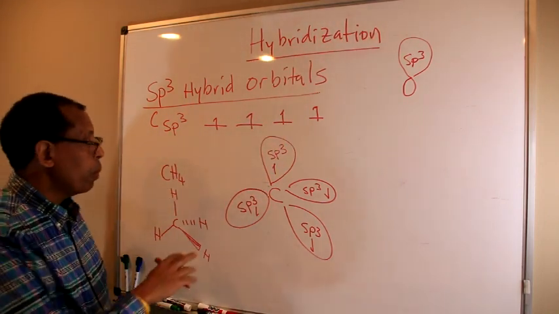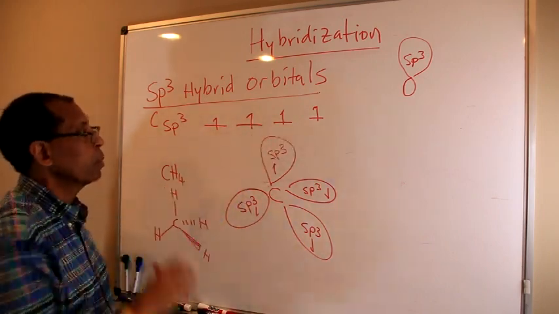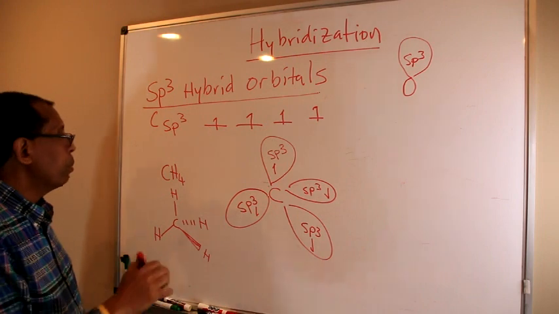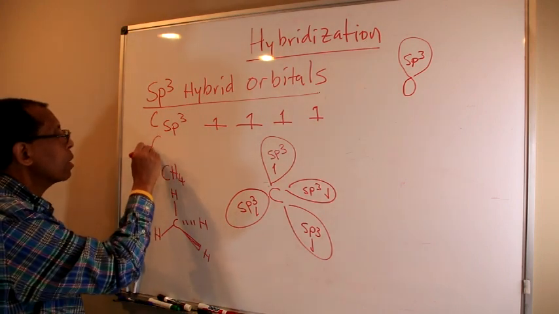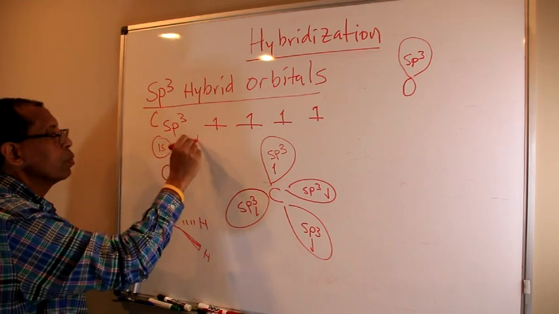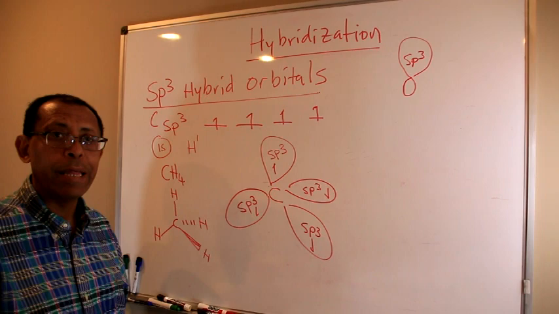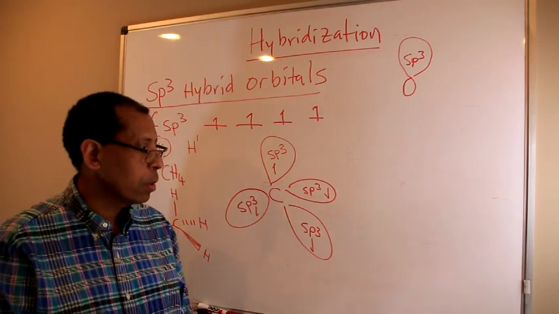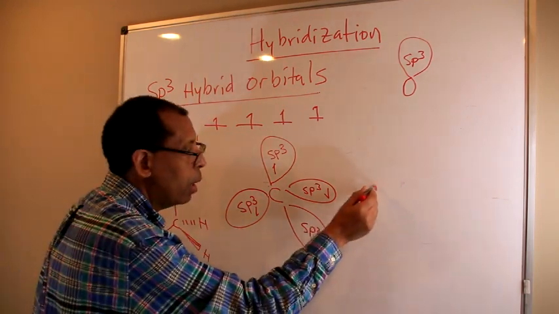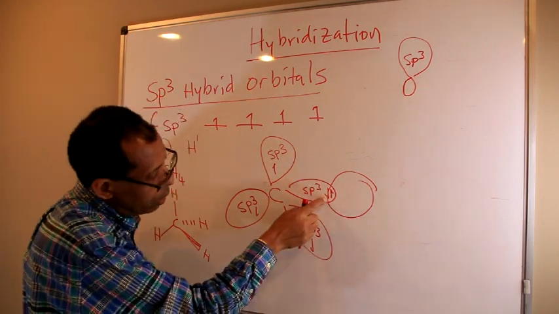Now, if we were to make the compound, this is just a carbon with its hybrid orbitals. We can now bring the 1s of the hydrogen with 1 electron. It is spherical in shape. The s orbital is spherical. So it can come like this with 1 electron paired up.